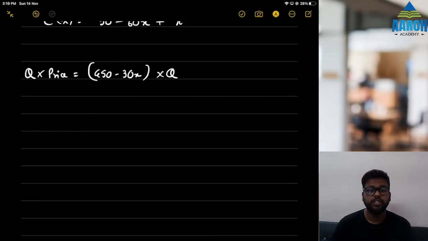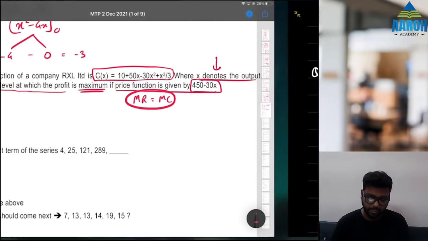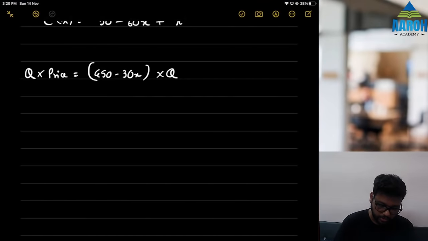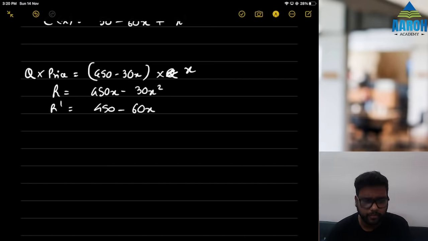Understand, revenue is price into quantity, but quantity means what? x, right? Because x is output. So let's multiply both sides by x to get revenue. So revenue will be 450x minus 30x square. That means marginal revenue will be 450 minus 60x. Fine.